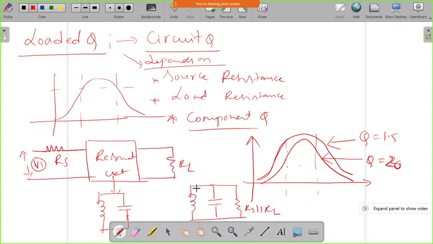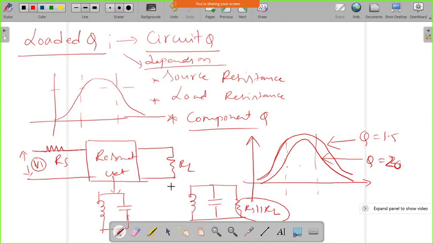So this is what we can equivalently write for this circuit. Now we can define this loaded Q of the resonant circuit. The resonant circuit sees an equivalent resistance, RS in parallel with RL, as we have seen.